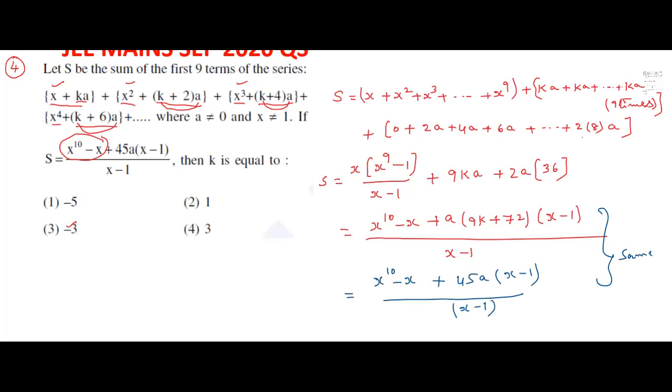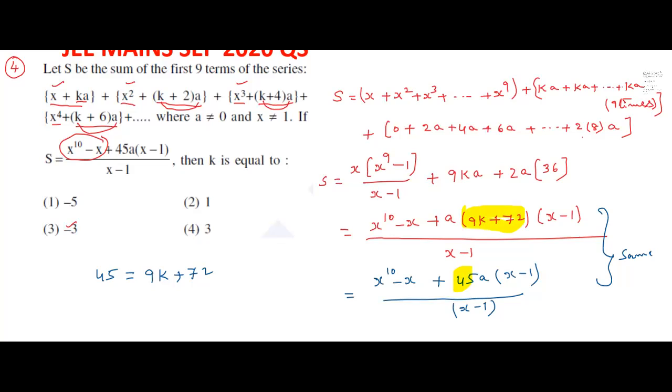By comparing both, 45 is equal to how much, students? 9K plus 72. Here observe, this value I am going to compare; the remaining is the same. Now 72 goes to the left-hand side: 45 minus 72.